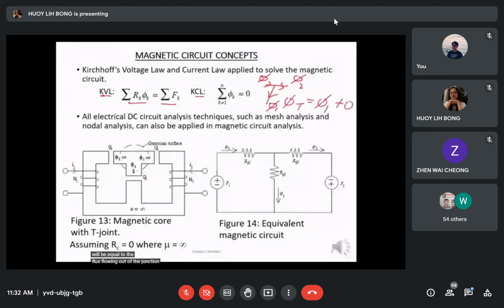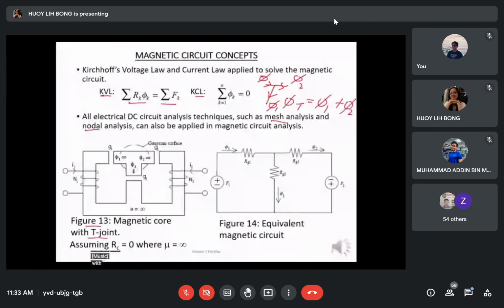All electrical DC circuit analysis techniques, such as mesh analysis and nodal analysis, can also be applied in magnetic circuit analysis. Figure 13 shows a magnetic core with a T-joint with two supplies.